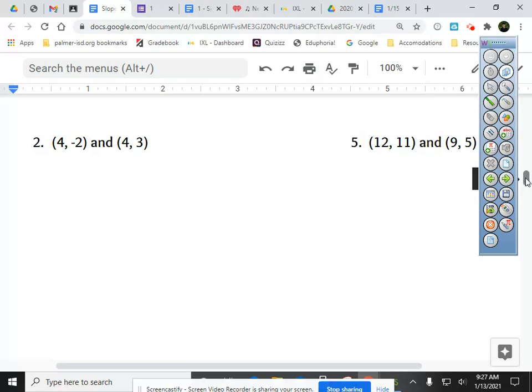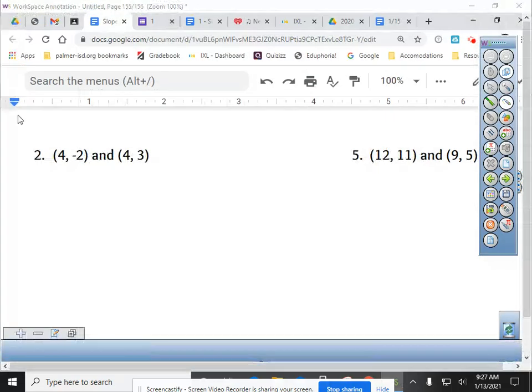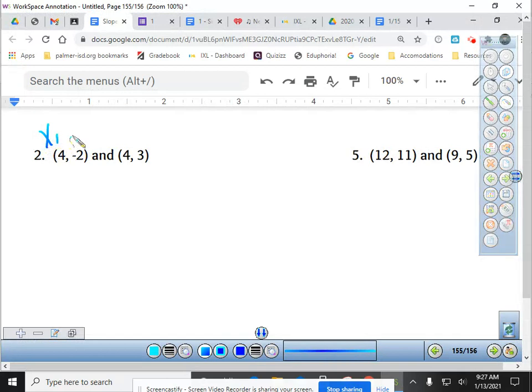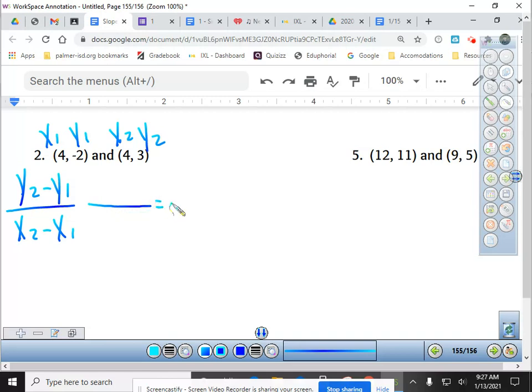Look at number 2. Label it. Everybody label. Write the formula. What is Y2? Is everybody, wait, sorry, I probably went too fast. I'm waiting. Has everybody got the formula written? What's Y2? 3.